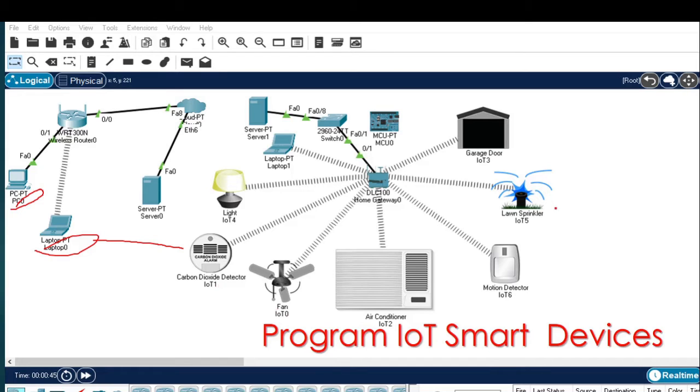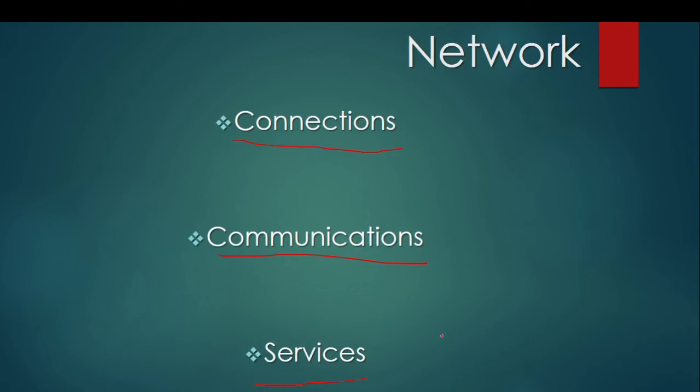All these are designed with actuators and sensors that allow them to connect to a central device called the home gateway. The essence of all of this is that all the smart devices, your wristwatches, your phones, your Androids, all of them can now participate in the network via connection. They will communicate and share services, meaning they can be controlled and they can offer services to other devices on the network.